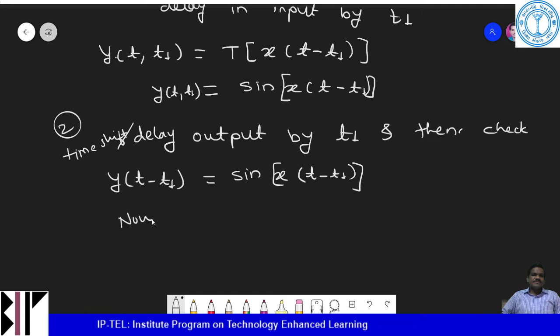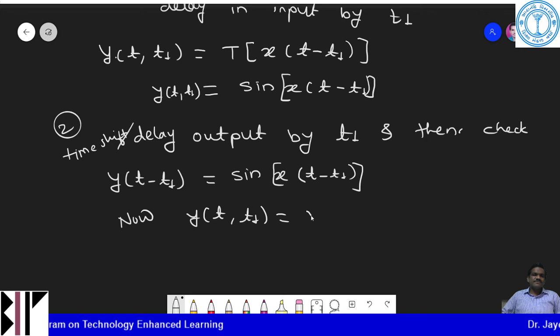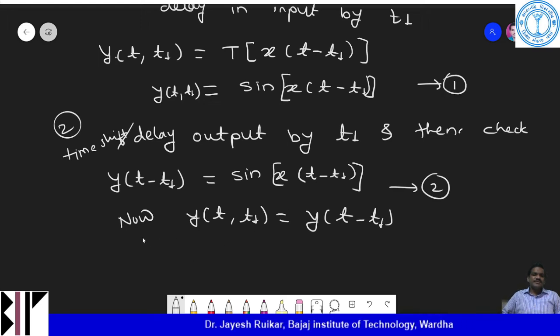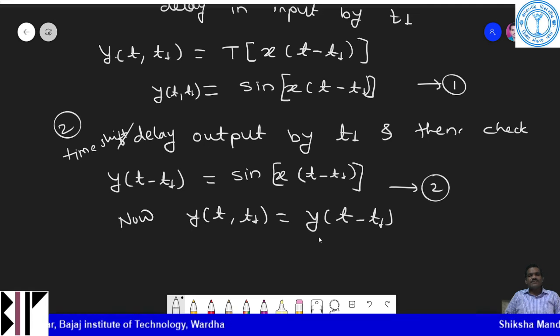Now you can check that y of t comma t1 is equal to y of t minus t1. Comparing equation 1 and equation 2, we can see that y of t minus t1 is equal to y of t comma t1.